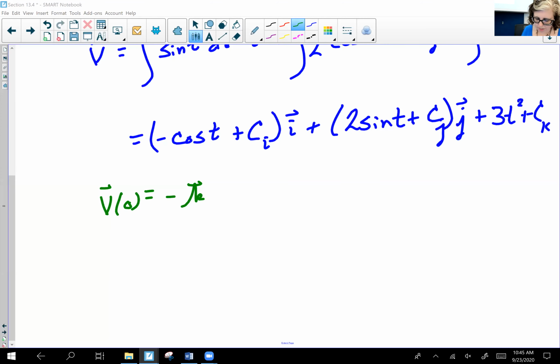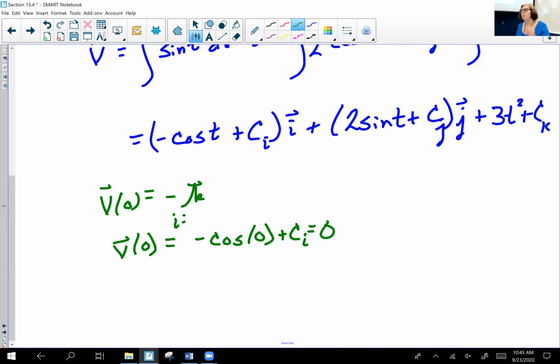As I said, in DiffyQ we just mush C's together, throw them off to the side, and keep going. In this class, we're going to need to stop and figure out our C's. So let's see what happens when we have V sub 0. The I component is going to be negative cosine of 0 plus c sub i, and that's going to equal 0.